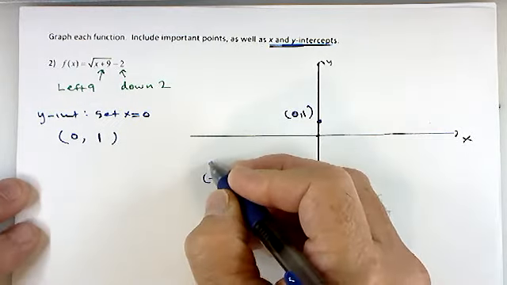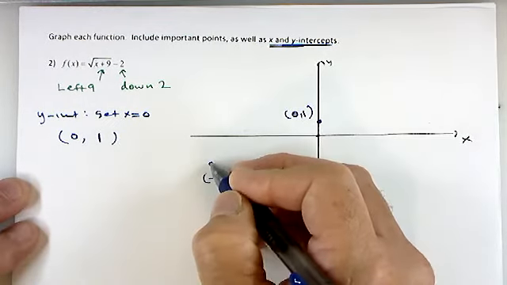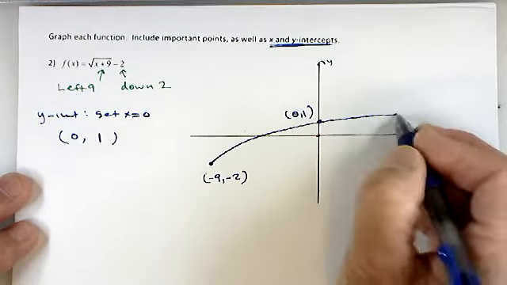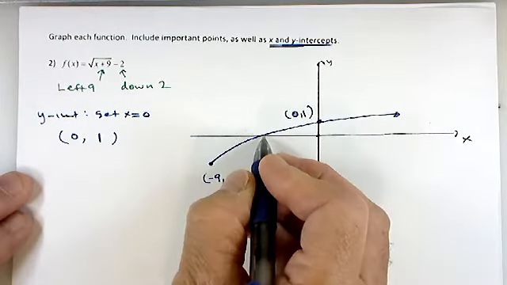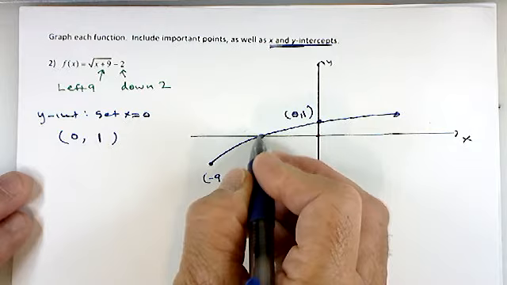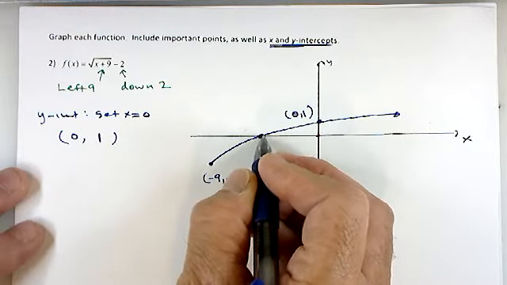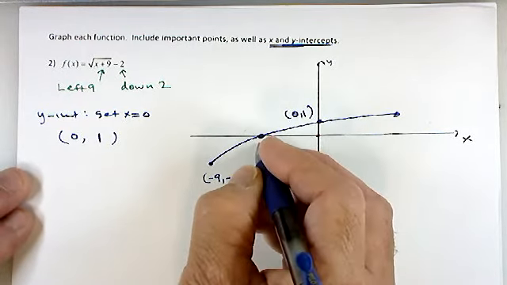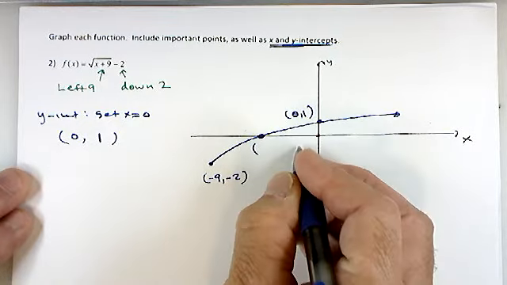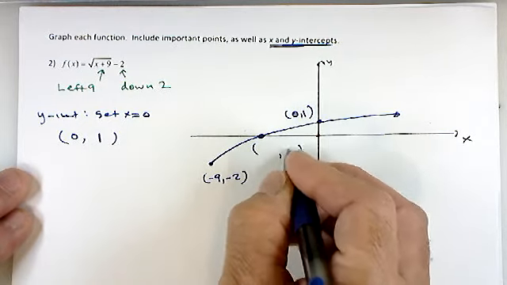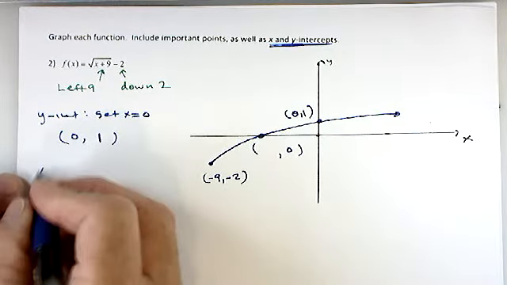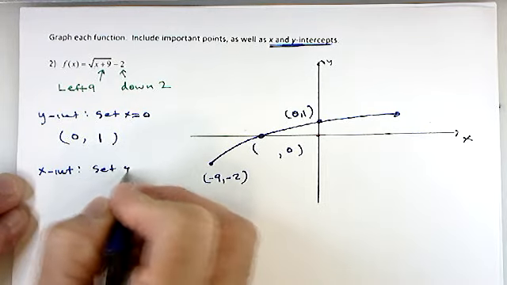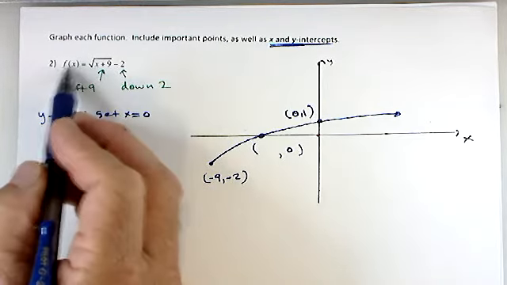And actually, now that I know that, I can sketch the graph because I know it's got to look something like this, like our square root function. And I can see now that I have an x-intercept as well, and it's going to be some kind of a negative x value. So to find your x-intercept, remember when your graph crosses the x-axis, it's y that's 0. Set y equal to 0. y is f of x.